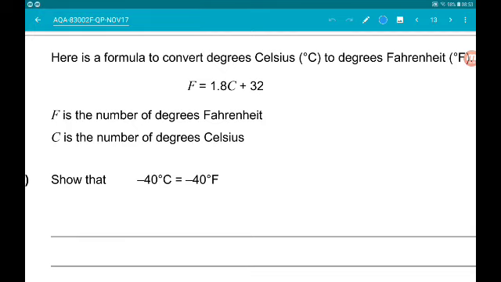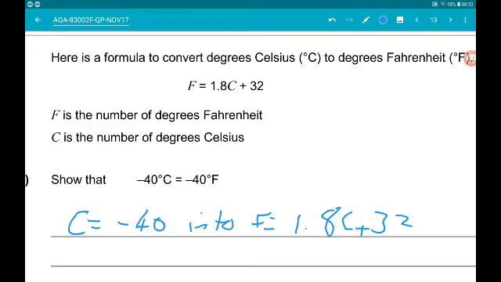Okay, so what we're doing is we're substituting C equals minus 40 into F equals 1.8 C add 32.